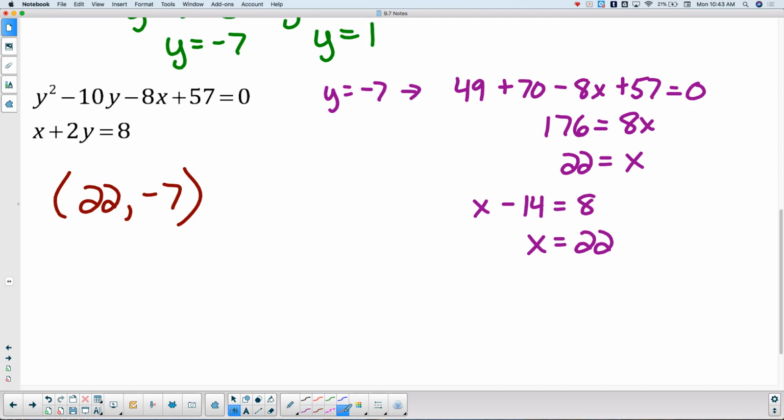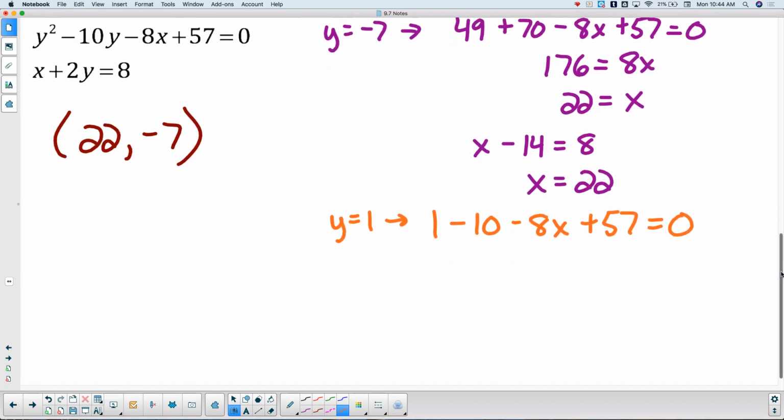Okay. Then I've got to do y equals 1. If I put 1 in there, 1 squared is 1. 10 times 1 is 10, so that's negative 10 minus 8x plus 57 equals 0. So that is going to be negative 9 plus 48 equals 8x, so 6 is going to equal x.